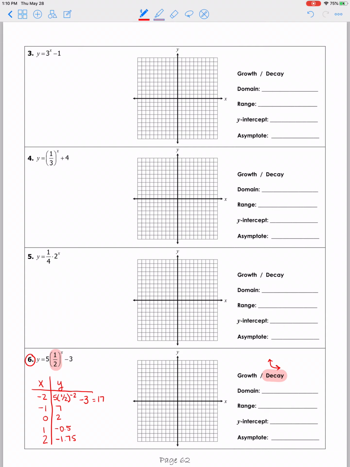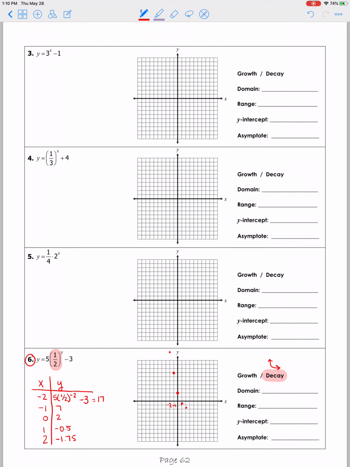All right, so when we come over to graph, -2 is going to be clear up here at 17. It's going to be way off the grid. -1 is at 7. 2, 3, 4, 5, 6, 7. 0 is at 2. 1 is at -0.5. And 2 is at -1.75.